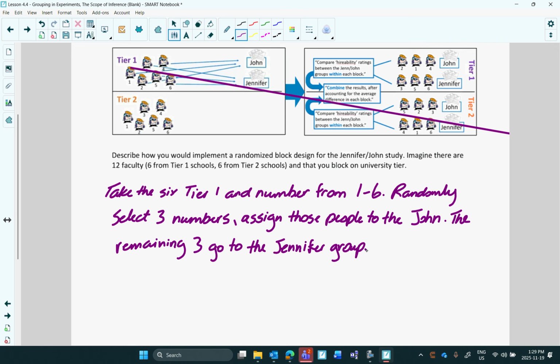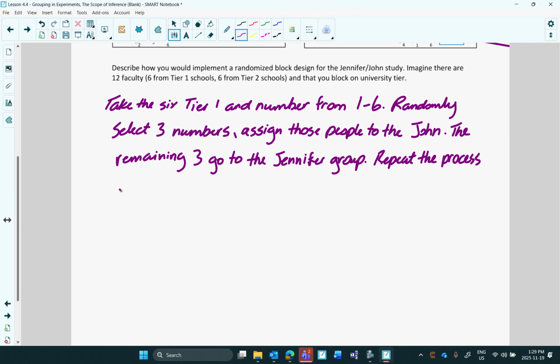Repeat the process for tier 2 members. So there are 6 members of each group.